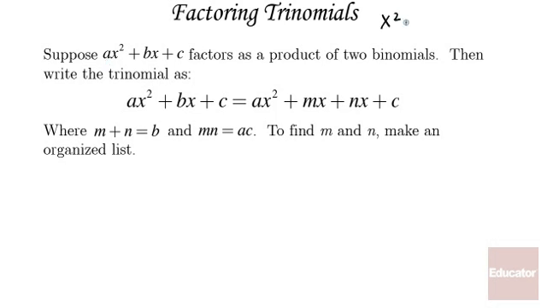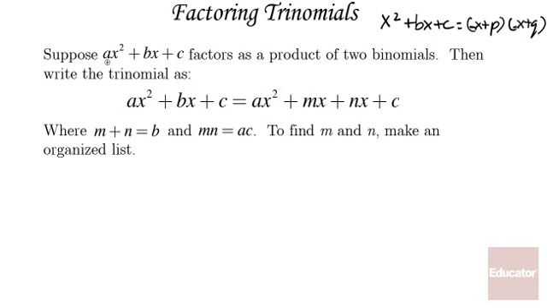When we had the form with a leading coefficient of 1, I factored like this. I knew that I had x here and x here. Now it's more complicated because it's not just x, there's a coefficient in front of these. So I have to not only worry about what b is, what c is, I also have to worry about what a is.